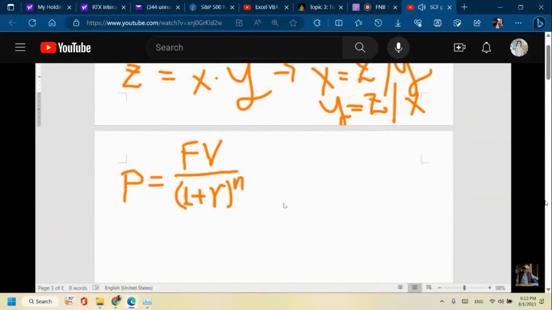Okay? And this is called present value. In other words, principal is present value if you're looking at it from the future, right? If you're standing in the future and you look at the present, the present is past, but from the future.